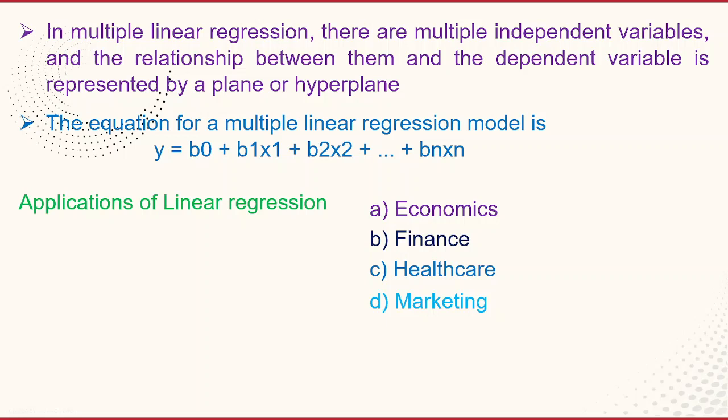Next, marketing. Linear regression is used in marketing to understand the relationship between different marketing variables, such as the relationship between advertising expenditure and sales, or the relationship between customer satisfaction and product quality. Sports. Linear regression is used in sports to predict the outcome of games and to analyze the impact of different factors on performance, such as the relationship between a team's winning percentage and the number of home runs they hit.